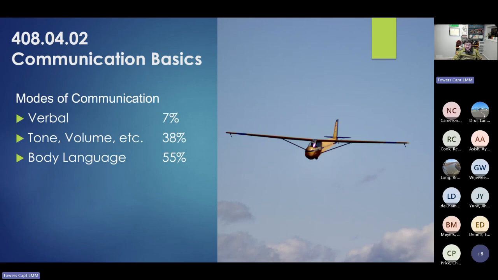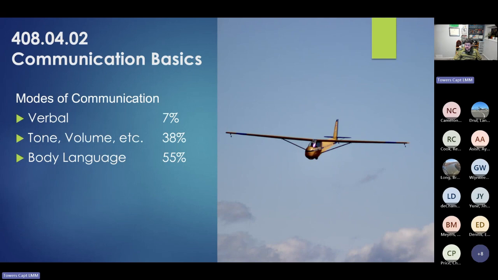So some stats on modes of communication. It's found that about 7% of communication is received through verbal, and then 38% of the meaning of a communication is through tone and volume, but then as much as 55% can come from the body language.